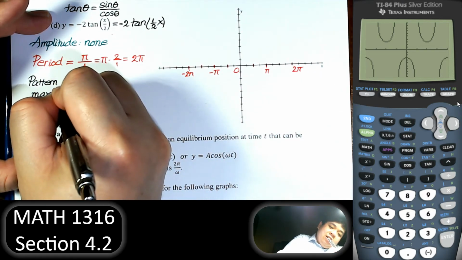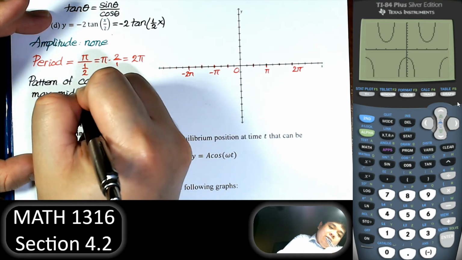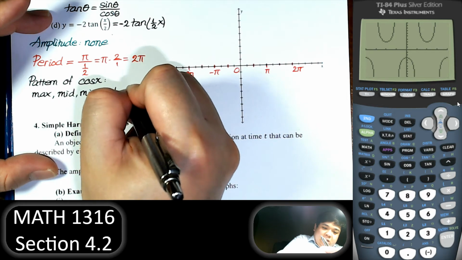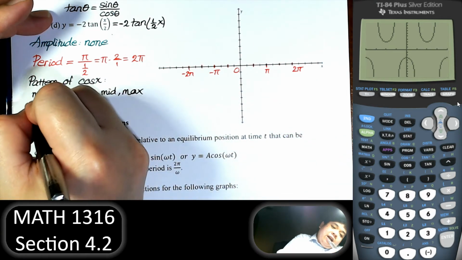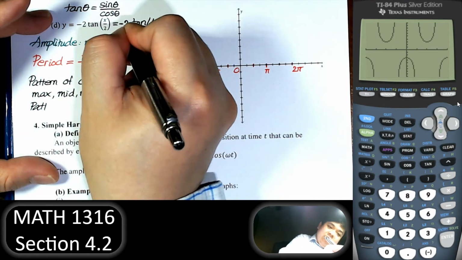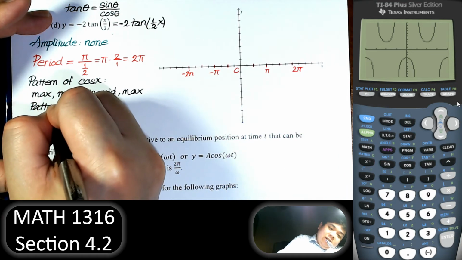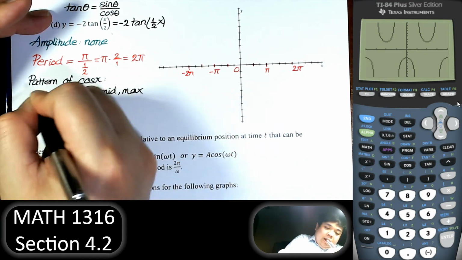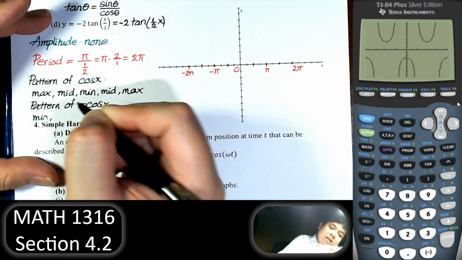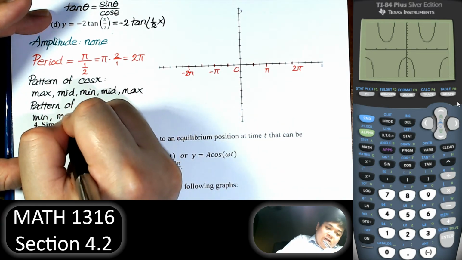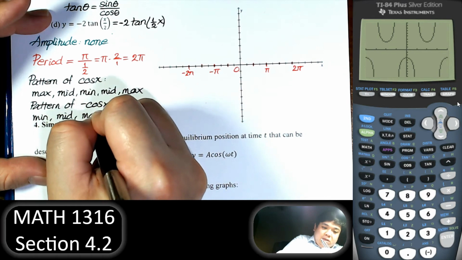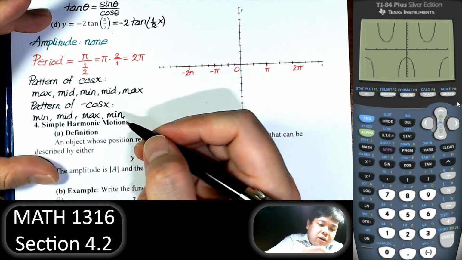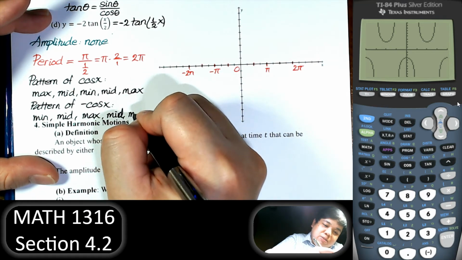Max, middle, min, middle, and then max. And for the negative, max becomes min, middle is still middle, and minimum becomes max.